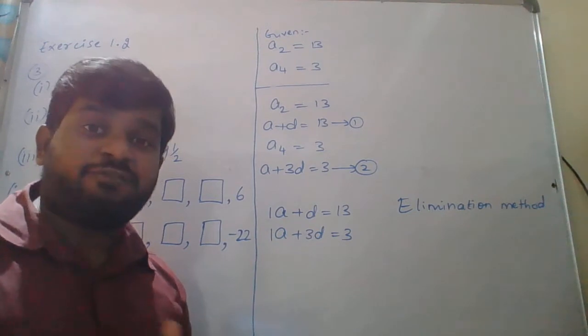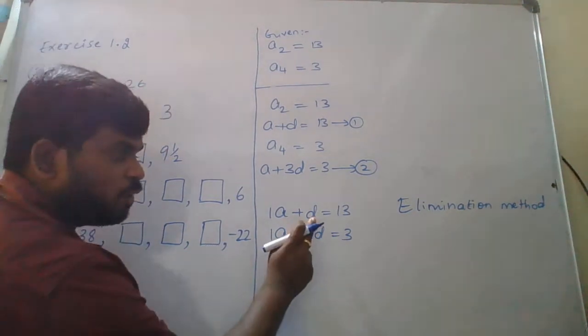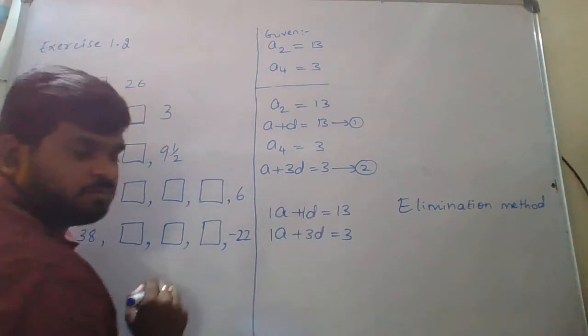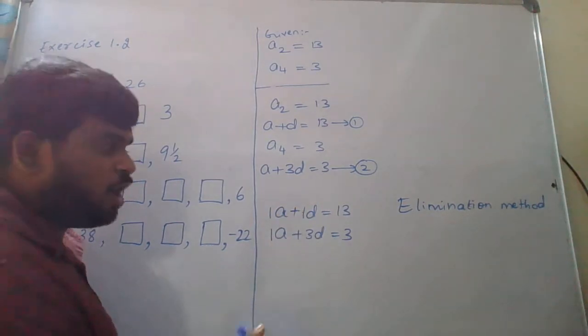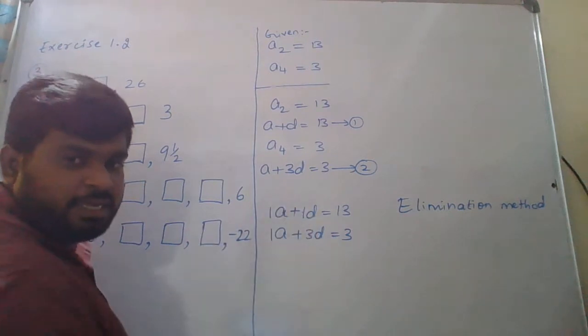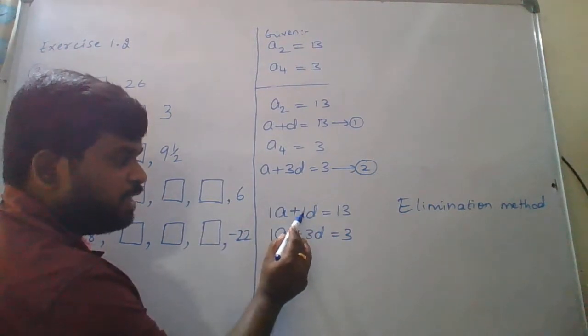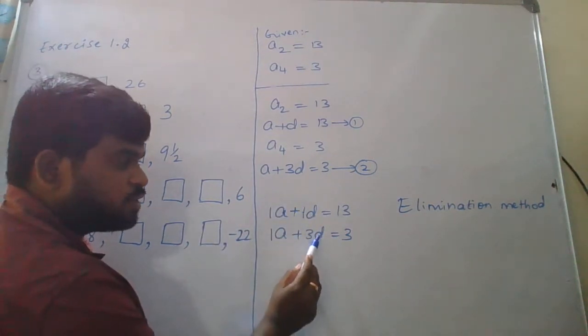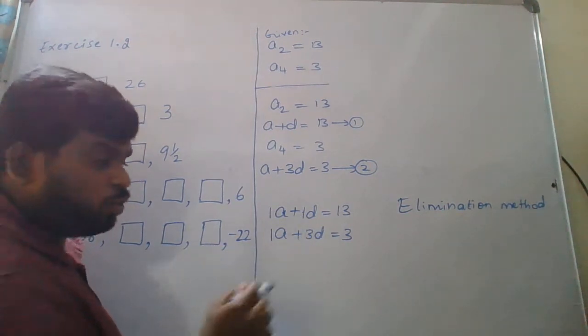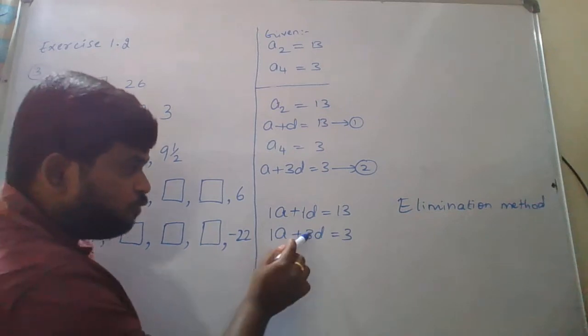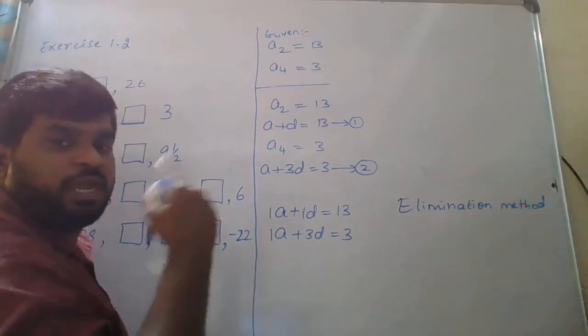Suppose they have got different coefficients. For example, the coefficient of D here is 1. If you are willing to eliminate D, what is the coefficient of D here? 1. What is the coefficient of D here? 3. Both are different. So you cannot eliminate it. You have to make them same, only then you can eliminate it.